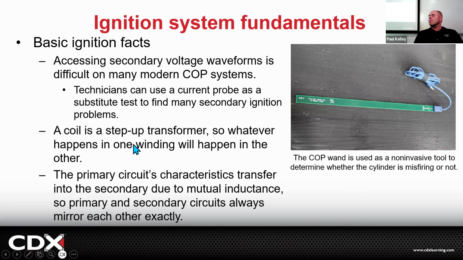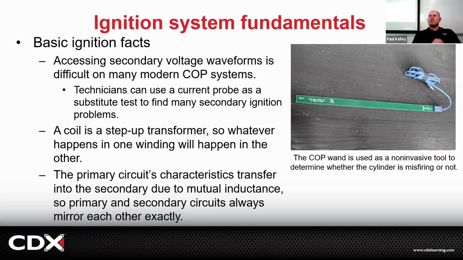But most of the time, we'll measure the primary, because what happens in the primary happens in the secondary. If the secondary has an issue, we can see it in the primary. If the primary has an issue, we can see it in the secondary. Now, you remember that math calculation we did, right? 12 volts became 12,000 at 0.005 amps.